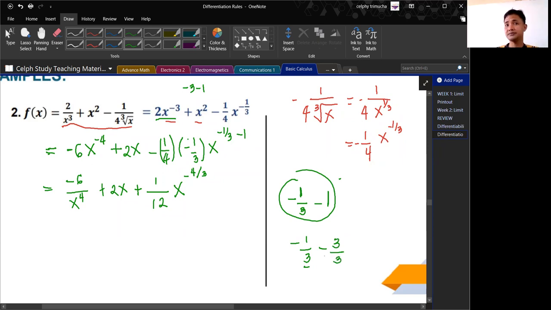So negative 1 minus 3 is negative 4 all over 3. Our exponent will be negative 4/3. We cannot keep a negative exponent, so we make it positive. We will have negative 6 all over x to the fourth plus 2x plus 1 all over 12.